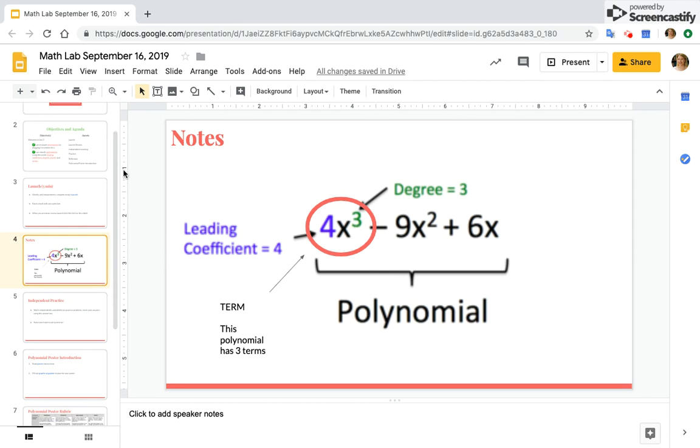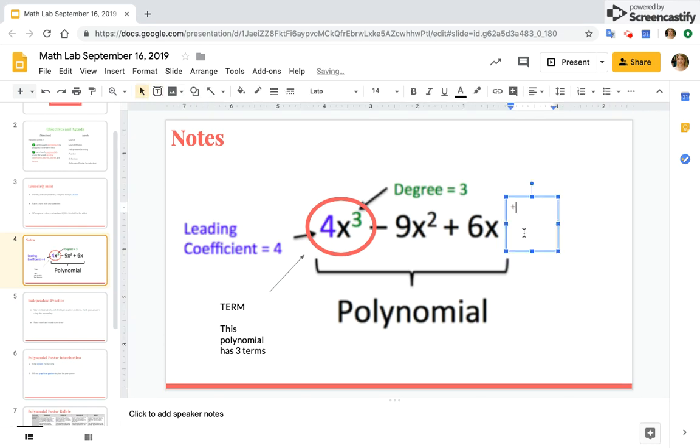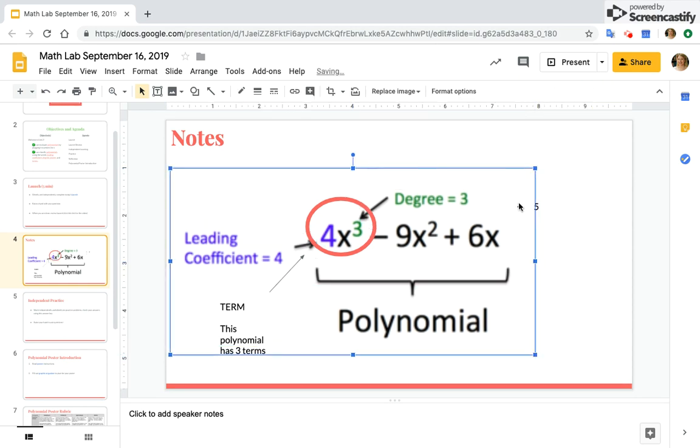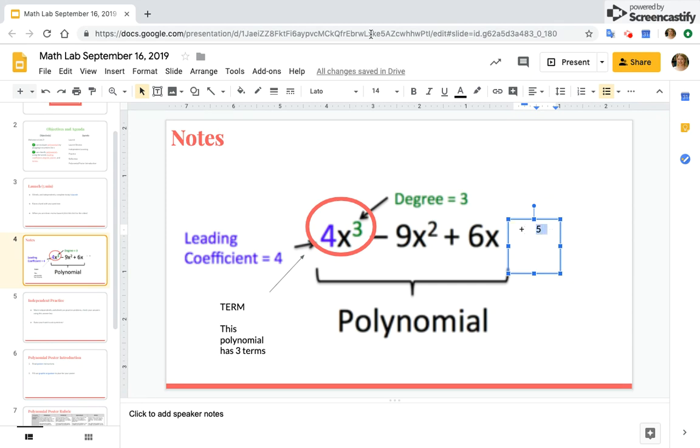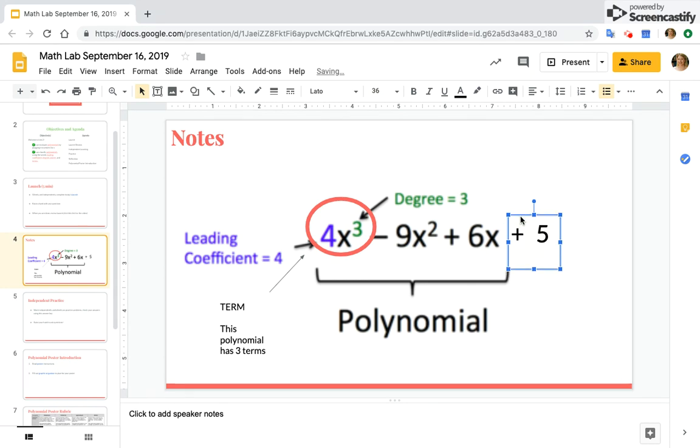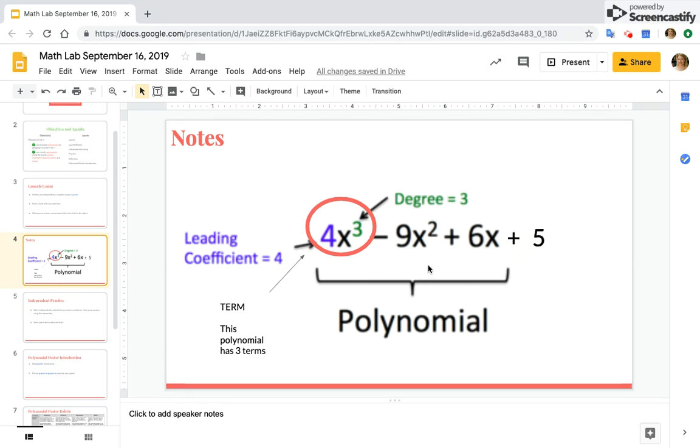One more thing I would like you to add: let's add one more text box and one more piece to this equation. Let's say we had a plus 5 at the end. So no x, just a normal number. Let's make it big so it looks like it's part of the equation. Say we had the same polynomial, but with a plus 5 at the end.